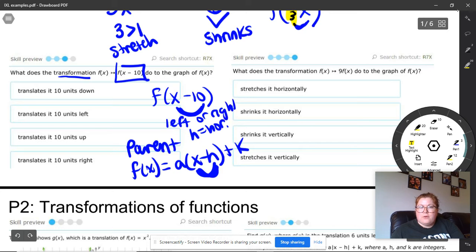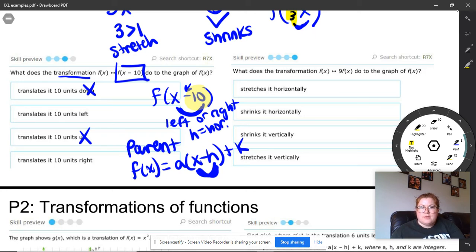So if you look at it, you can kind of cancel out ones it can't be. It can't be down and it can't be up. Now, the formula itself is x minus h. So if I look at this here, I see that there's a 10, and the sign did not change.